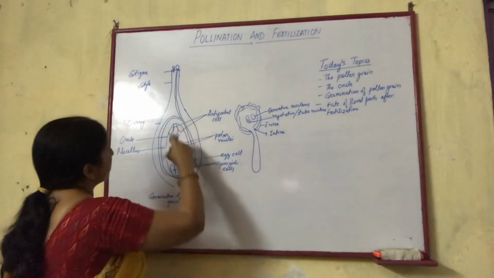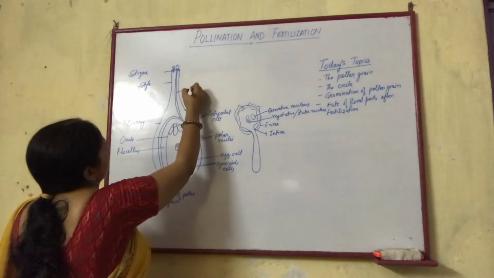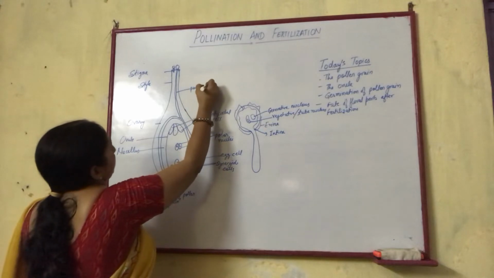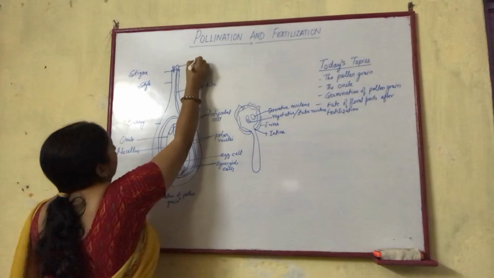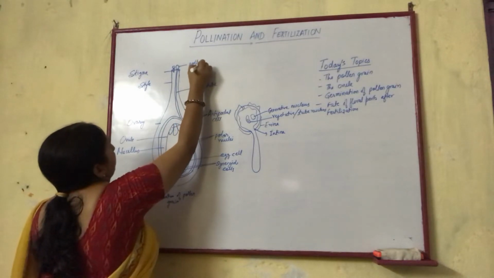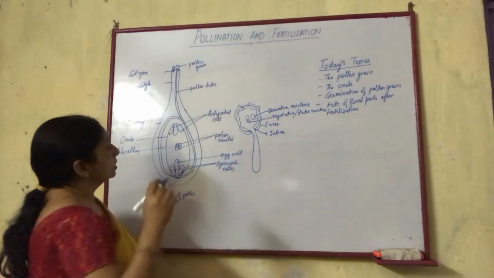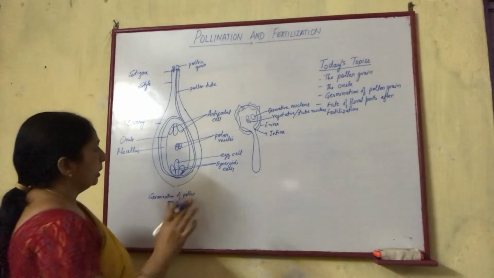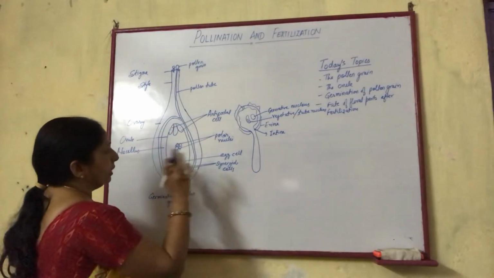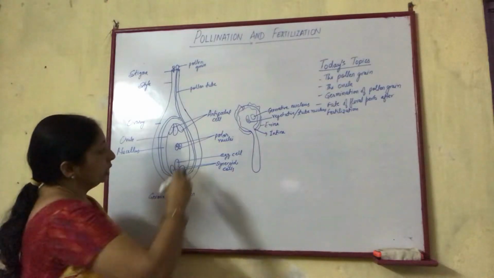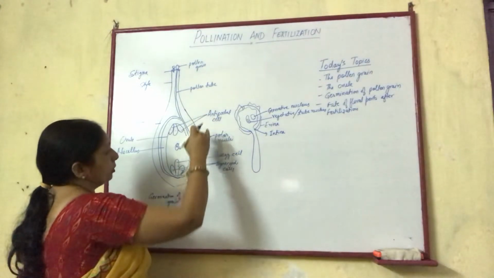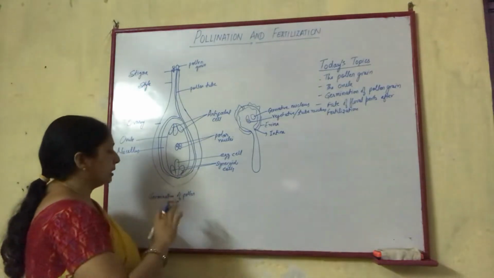Now this is the pollen tube, and this is the pollen grain. Pollen grain and pollen tube are parts of the male reproductive system. In the female, the ovary, inside it the ovule, then the antipodal cells, polar nuclei, egg cell, and synergids.